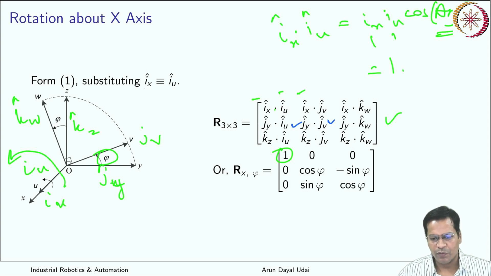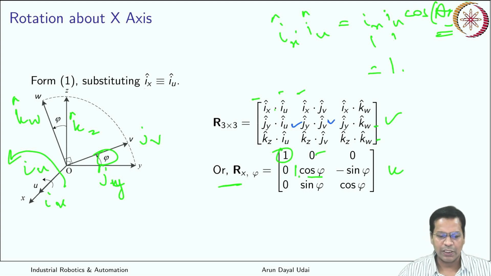JY and JV both were unit vectors, so that turned out to be 1 times the cosine of the angle between them. Similarly, when you work out the other parts of this matrix, you will see it is like this. So this is the rotation matrix for the rotation about x-axis by an angle.